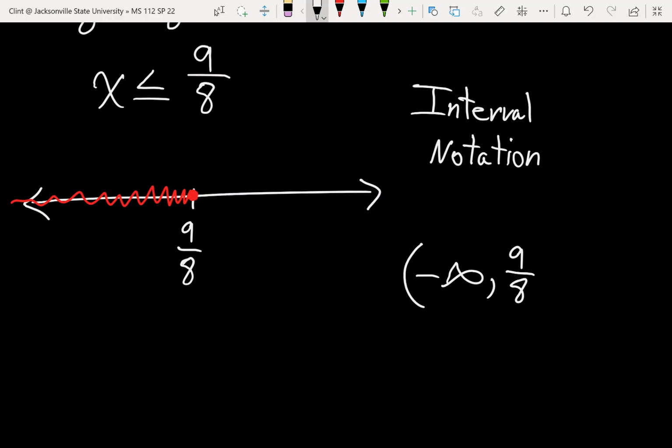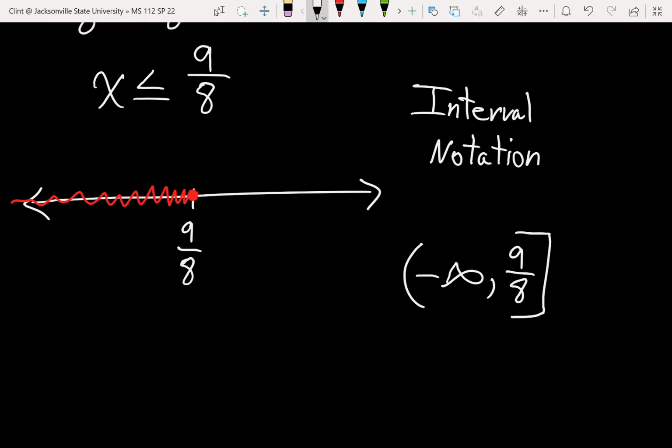And since 9/8 is included as part of our solution, we would use a square bracket. The square bracket comes into play when we have the or equal to part of the inequality. If it just said x is less than 9/8 without that equal bar, then on the right side we would have another parenthesis.